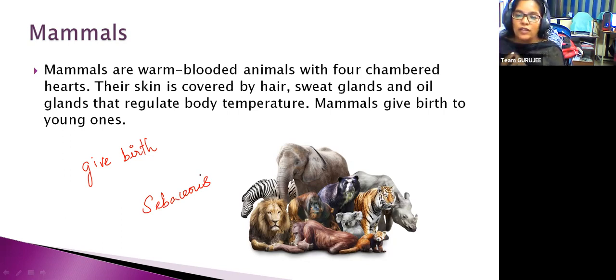So we humans have hair, sweat glands, and sebaceous glands. What is the purpose of these glands? To regulate the body temperature. Next, mammals give birth to young ones. We have already seen it.